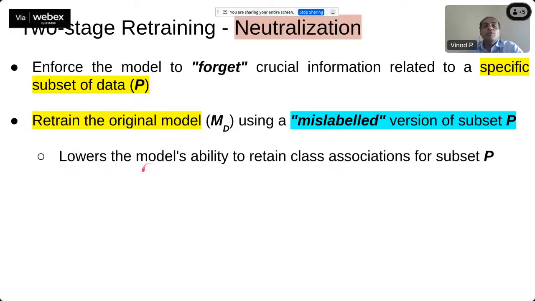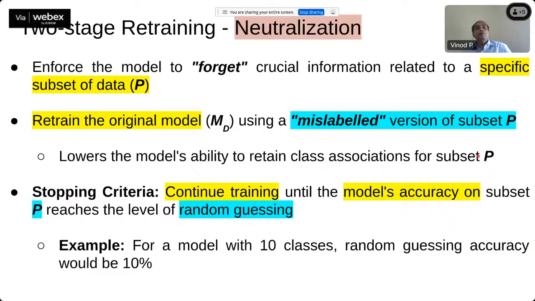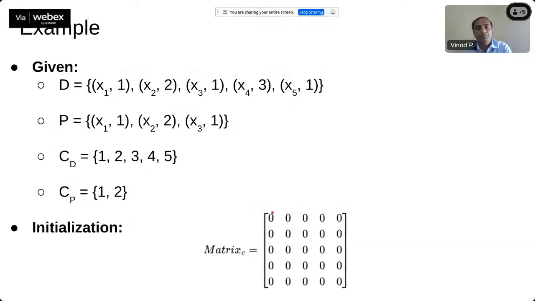First it will lower the model's prediction score corresponding to P, but then it might also lose information corresponding to the retain set. So as I've said, the stopping criterion is that we keep on doing this training process until the information corresponding to our forget set or critical data set is close to random guessing.